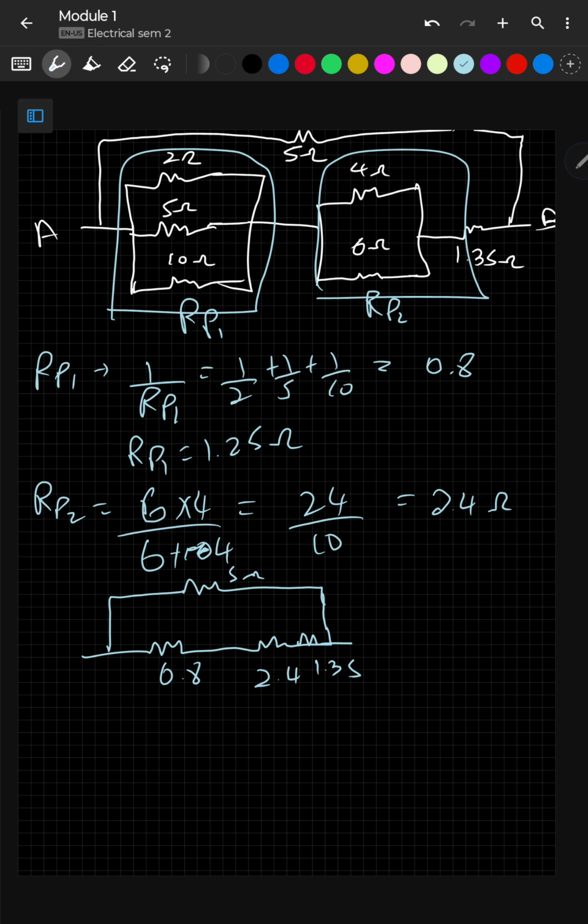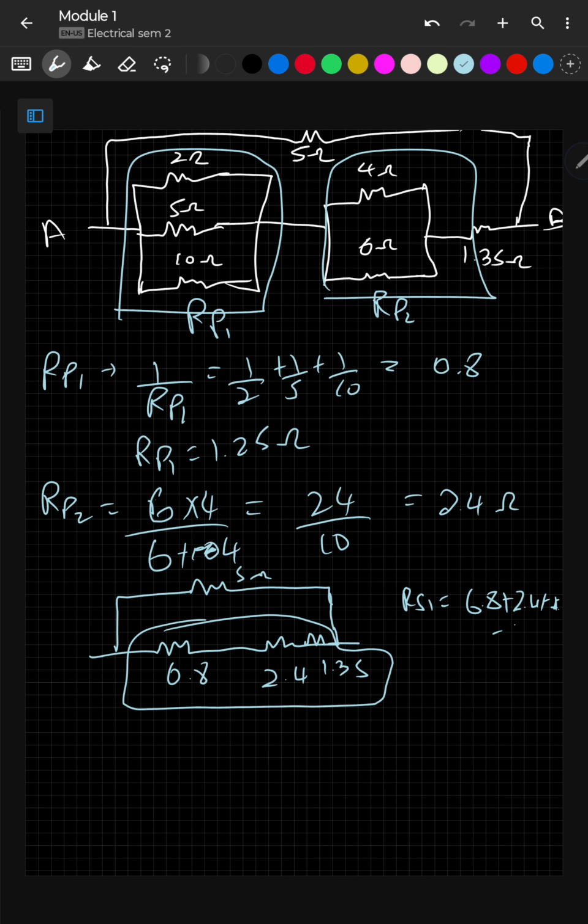So what we understand from this much is that these are in series, then we can write RS1 equals 1.25 plus 2.4 plus 1.35.